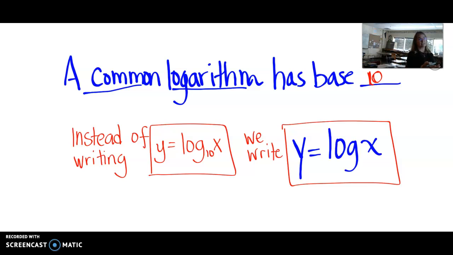So if there is no base written, it is base 10. Okay, that's it for now, and you can go ahead and start practicing rewriting logarithms into exponential form and vice versa.